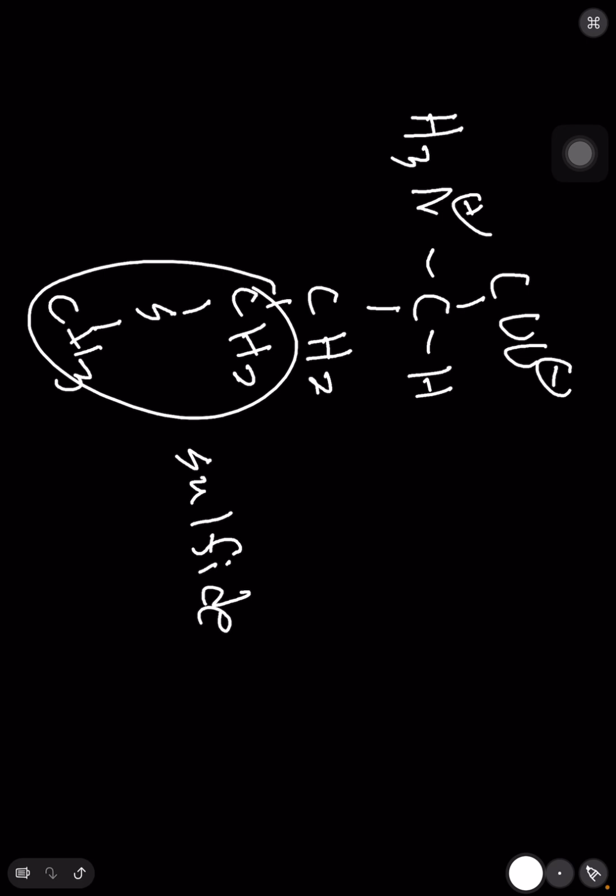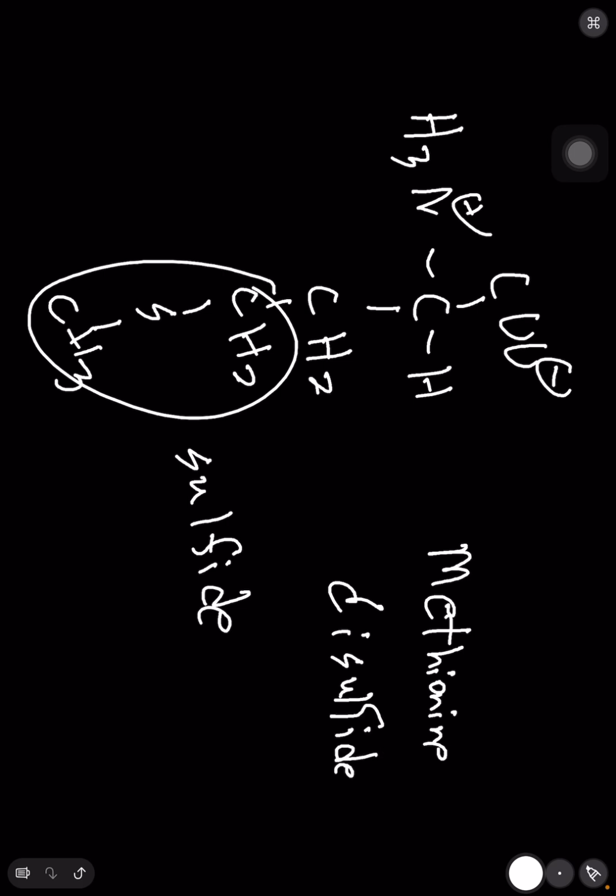This one, which is methionine, is going to have some interesting interactions due to this sulfur. It can make specific types of bonds, as can another one, cysteine, which we'll talk about in just a second. They can make something called disulfide bonds.